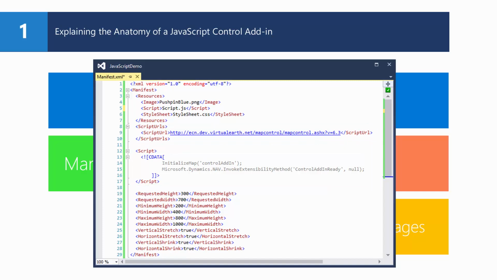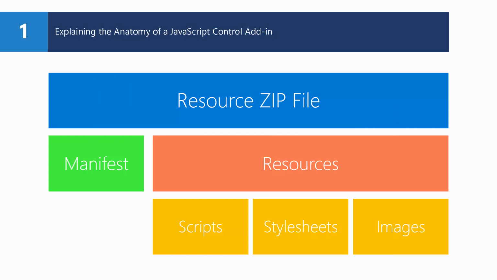Finally, the manifest declares the screen size your control add-in will request and also whether it allows resizing and in which direction. Once you create the manifest and folder structure that matches your declared resources, you must zip all these files together. This becomes the resource zip file. Once you have a resource zip file, you can import it into the control add-in record.